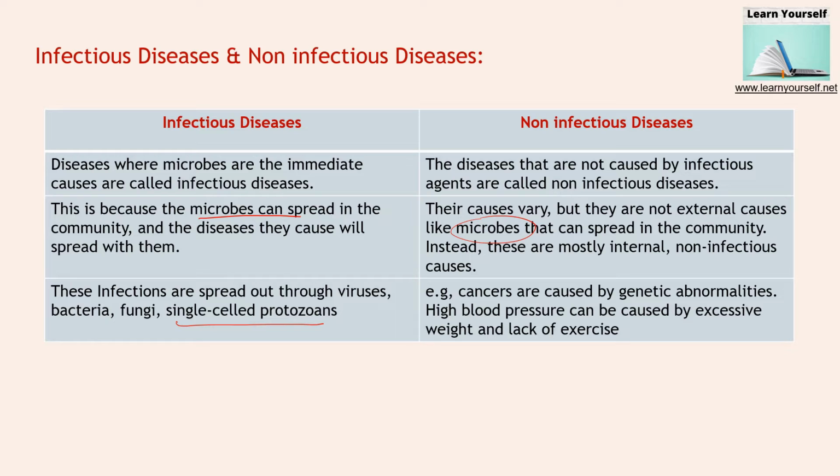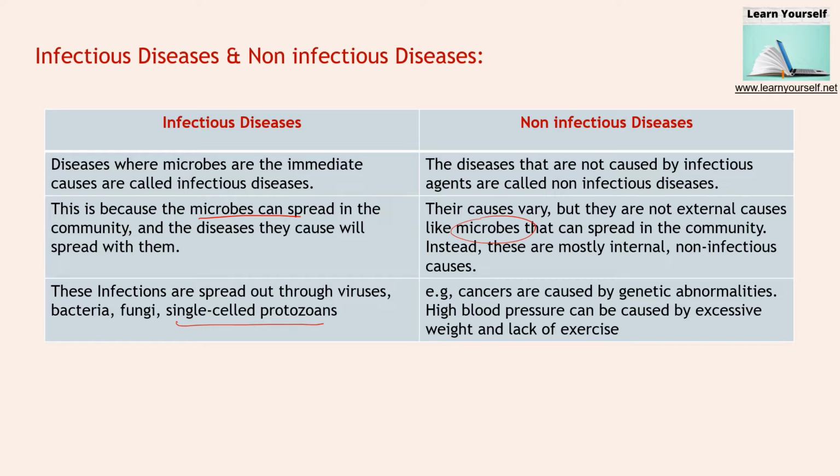So they are called non-infectious diseases. They will not spread into the community through microbes. They come to your body because of an unhealthy lifestyle or some hereditary reason. Whereas infectious diseases like cold, viral fever and so on are spread through microbes.